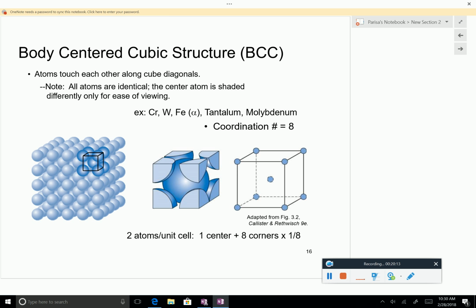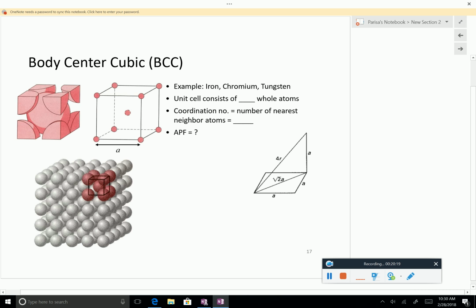So you can see what we are going towards. We want to calculate the atomic packing factor. So we are convinced that the unit cell comprises 2 whole atoms, and the coordination number was how much?